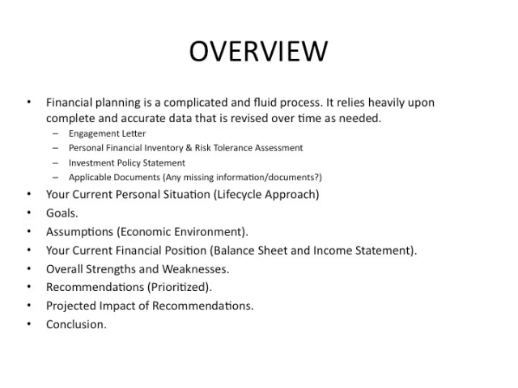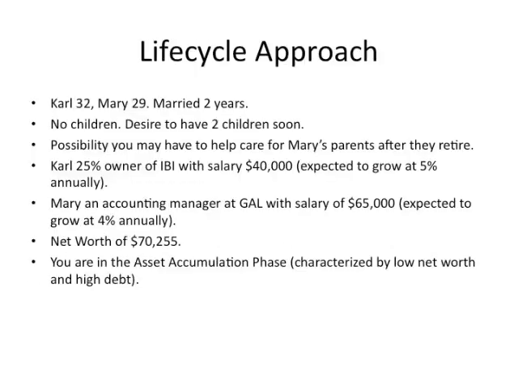Then we're going to analyze your overall strengths and weaknesses. Then I have recommendations that I've made, and we prioritize those recommendations. Then we look at the projected impact of those recommendations, and in the end we kind of sit down, finish up, decide where we're going from here, and see what's next.